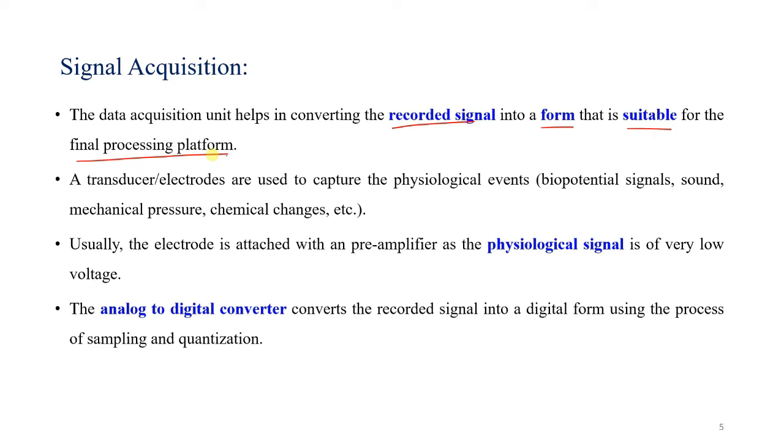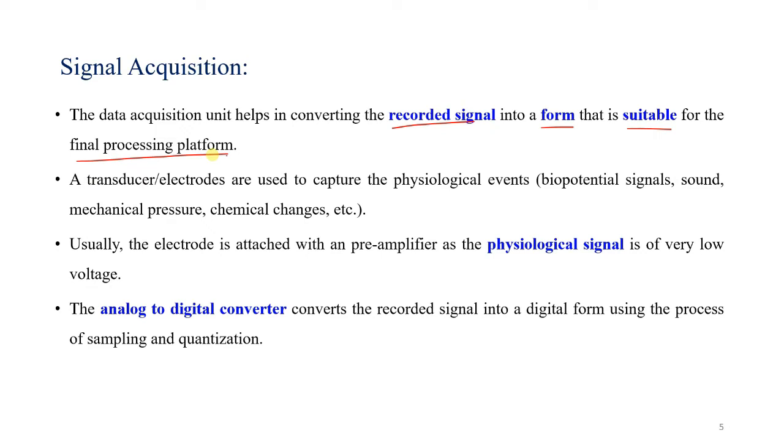Once digitized, it is stored in a digital system, for example a computer, where we can use it for further processing. This whole process of acquiring the signal and then storing it in the computer is called signal acquisition.